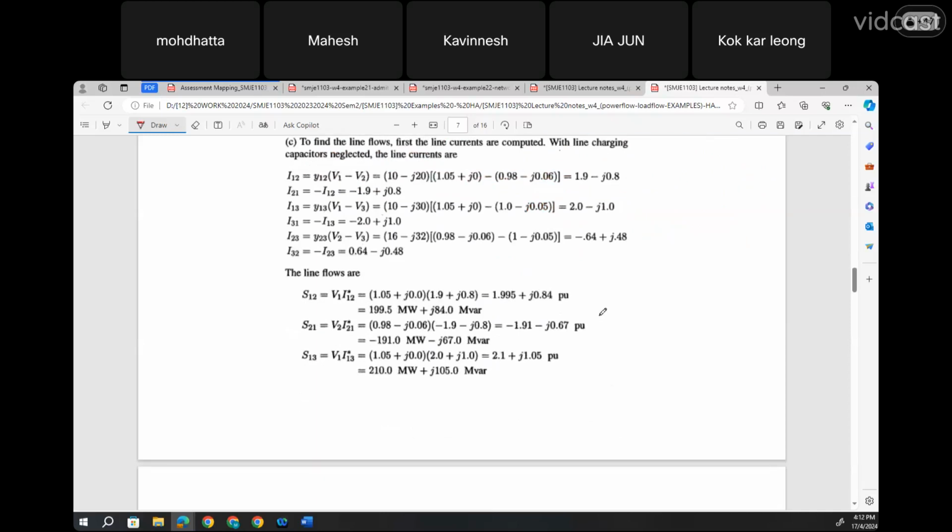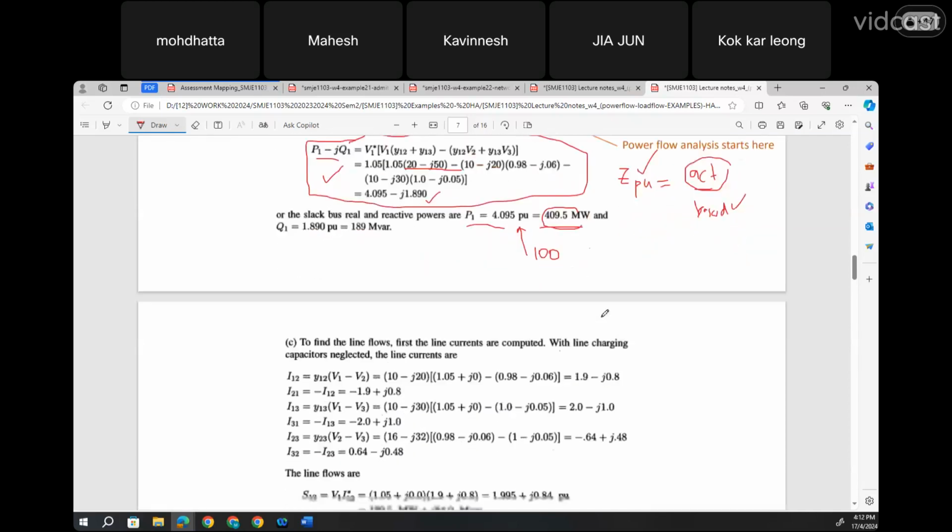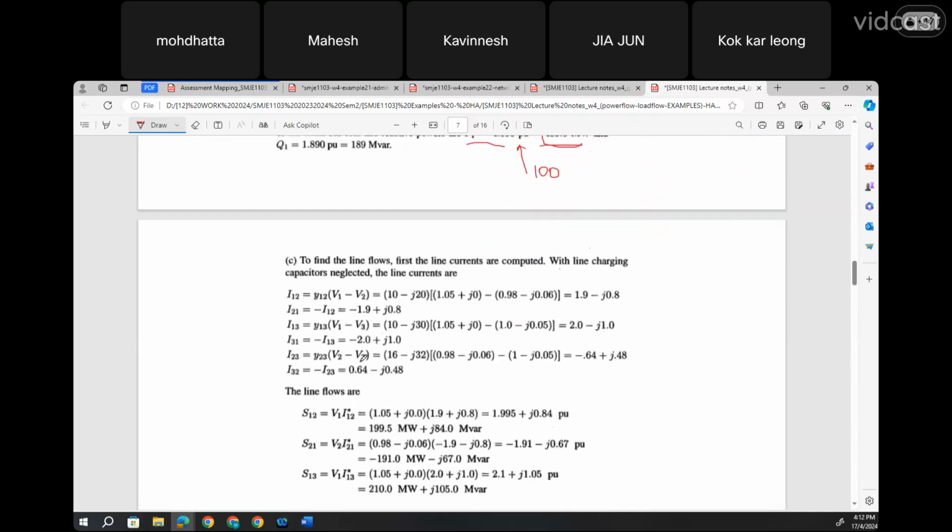All right, and once you get the power, since you know all the voltages, you can also calculate I12, I21 is the negative of I12, and I13. This is all coming from the one that we practiced in our example just now. The equation that we set up at each of the bus bars, and also the current flowing in and out of the bus bar.